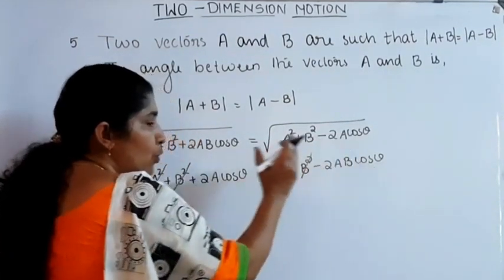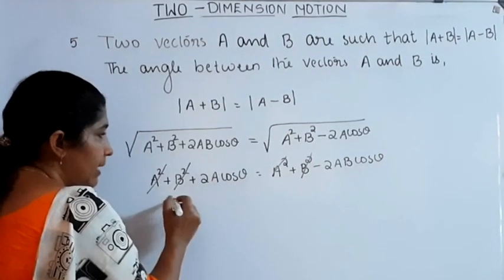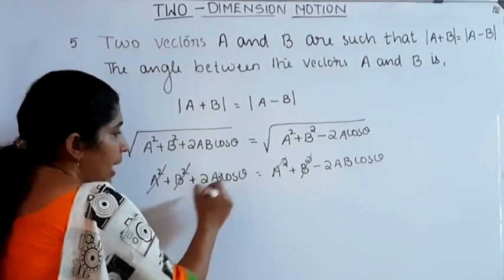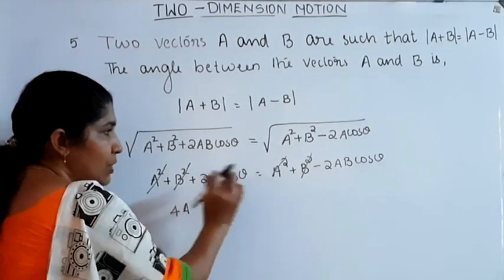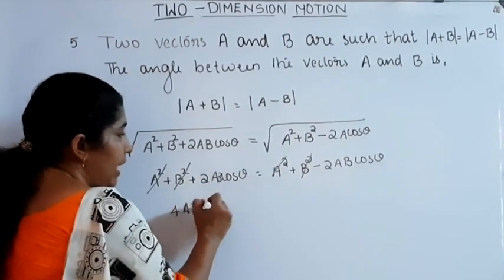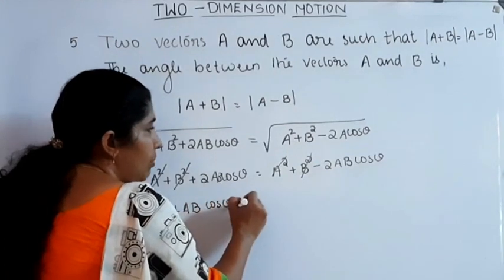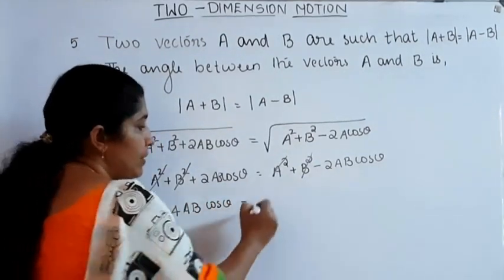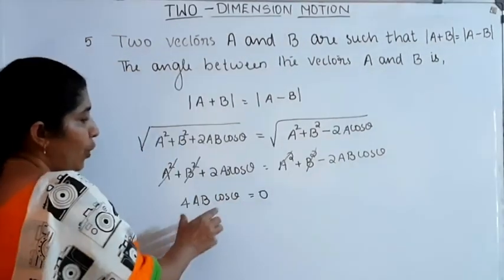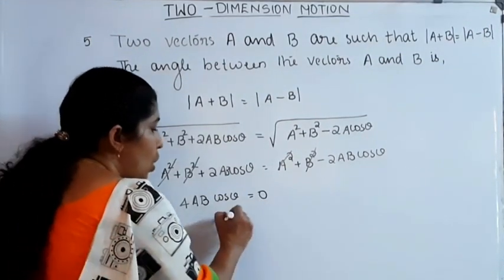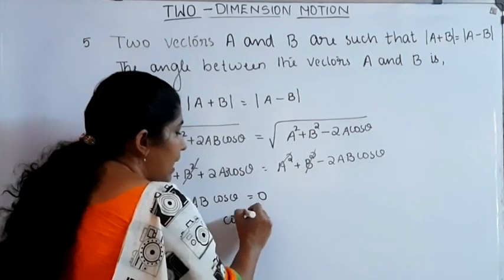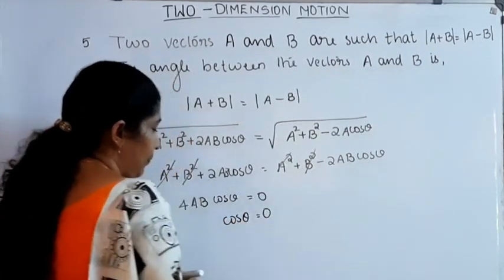When this minus 2AB cos theta is taken to this side, it becomes 2AB cos theta plus 2AB cos theta, that is 4AB cos theta. 4AB cos theta is equal to 0.